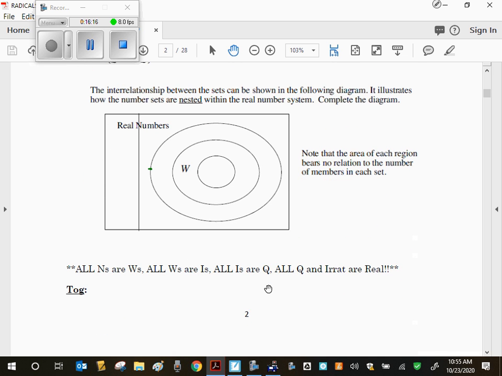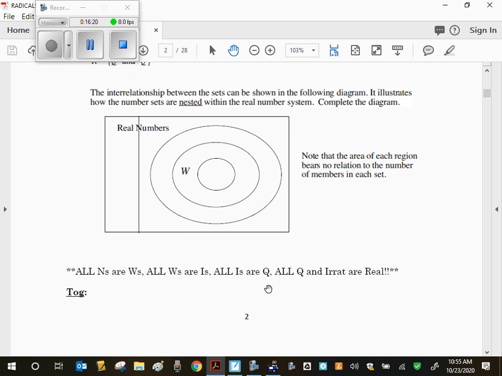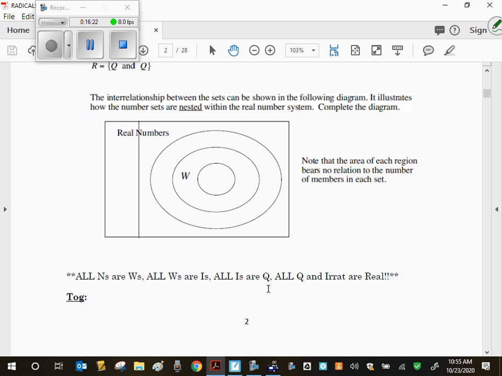Okay, so let's fill in this chart. It's important. Make sure you know it. What's the smallest number system? Which letter? N, natural numbers. At the top, right beside 1, 2, 3 is N. Then you have whole numbers, which includes a 0.